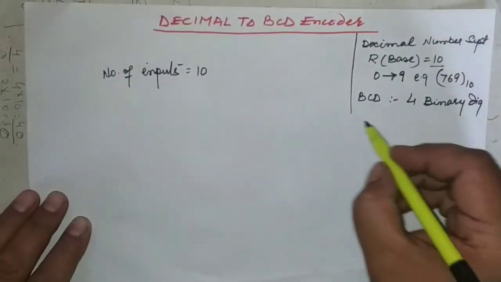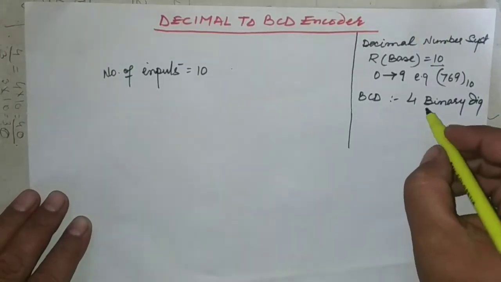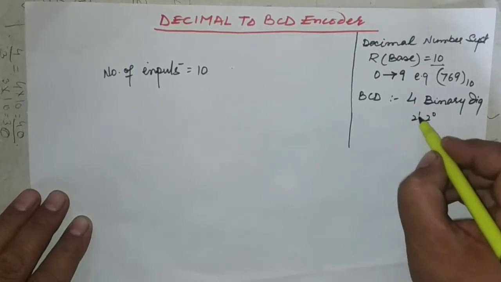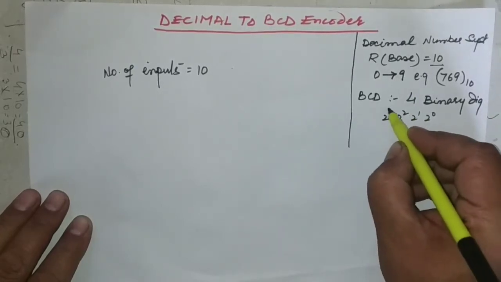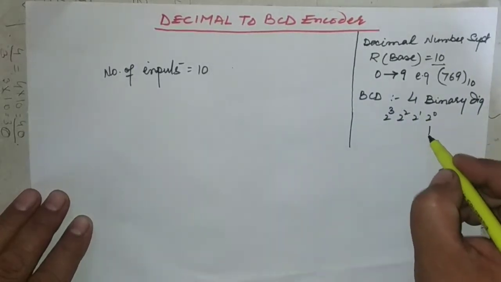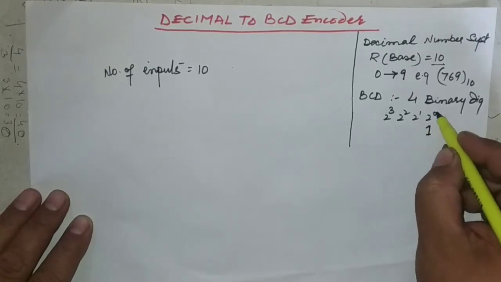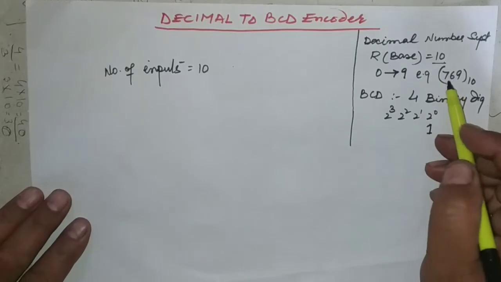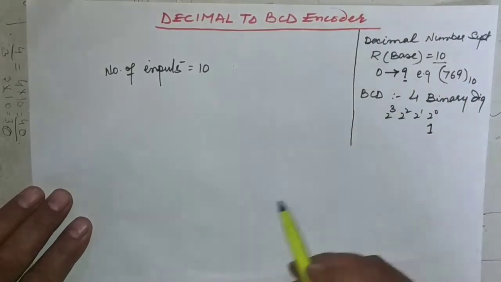Why 4 binary digits? Because 2 raised to power 0, 1, 2, 3, if we write like this. If I write only 1, 2 raised to power 0 means 1, then it cannot go up to 9, because the maximum value of decimal number is 9.